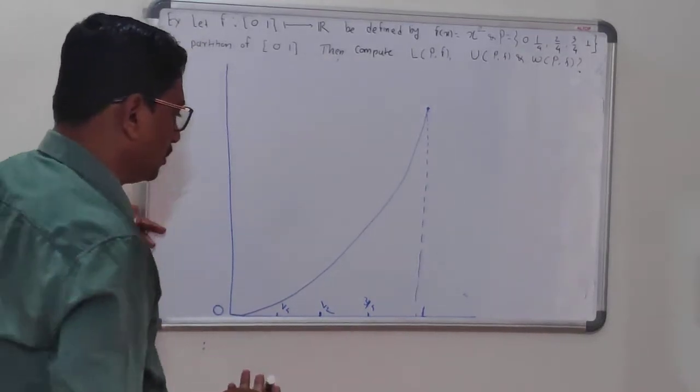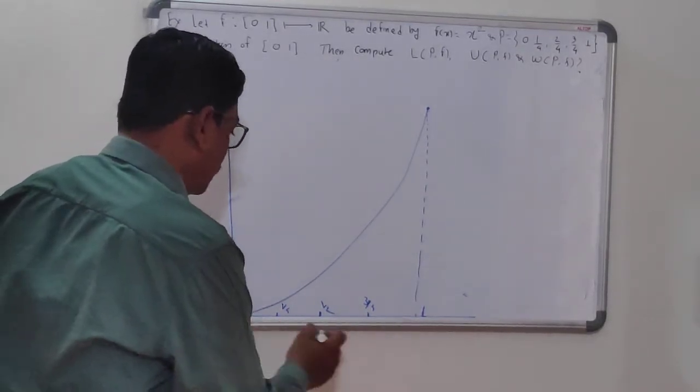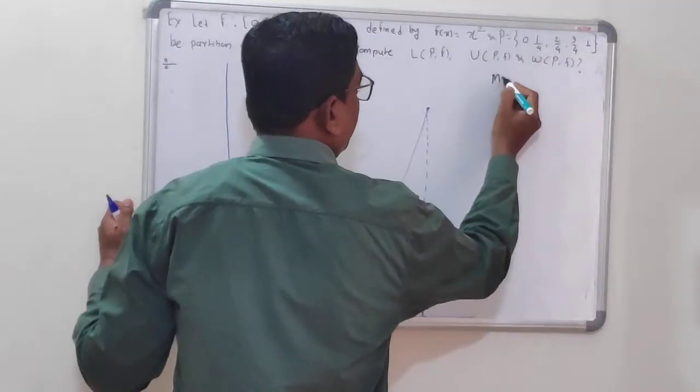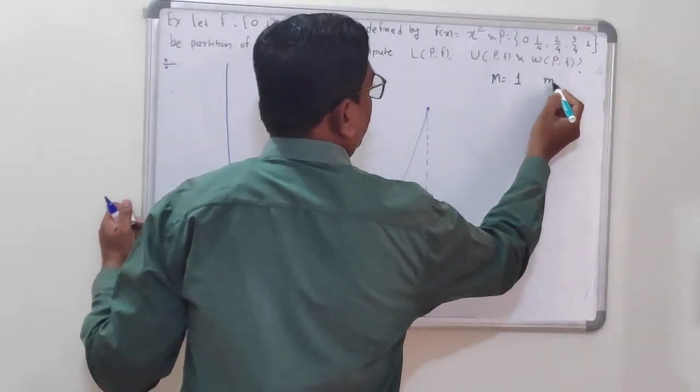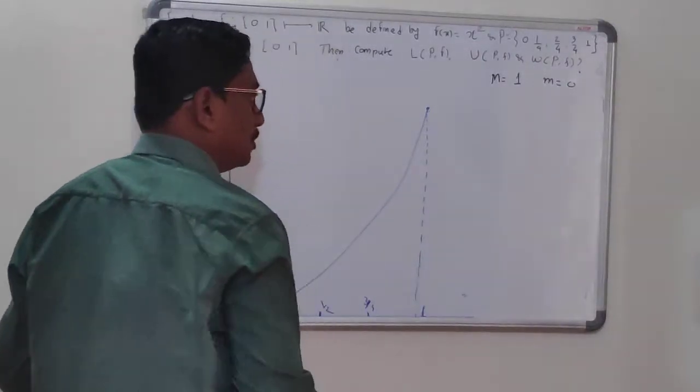These are the subintervals. Now throughout this interval you can see the maximum value is 1 and the minimum value is 0 for the function throughout the closed interval 0, 1.